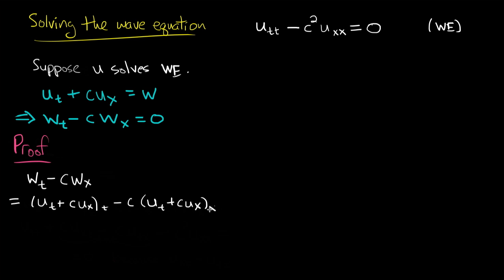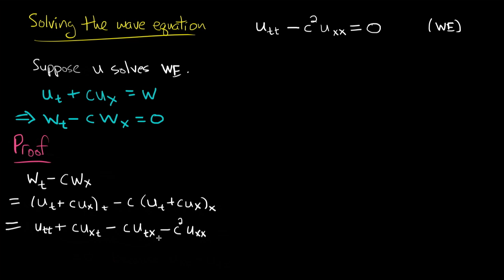Well, let's take all these derivatives inside the parentheses. So I have a t derivative of UT, and that gives me UTT, plus a t derivative of CUX, and that gives me CUXT. Now minus C times an x derivative of UT, so that gives me minus CUTX. Now I have minus C times C and an x derivative of UX, so I have minus C squared UXX.